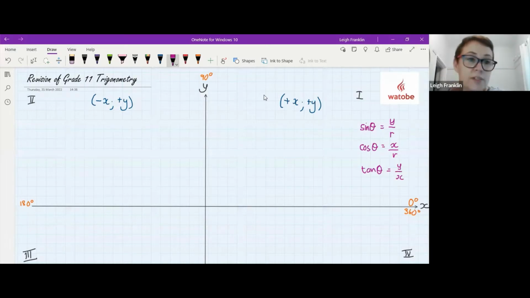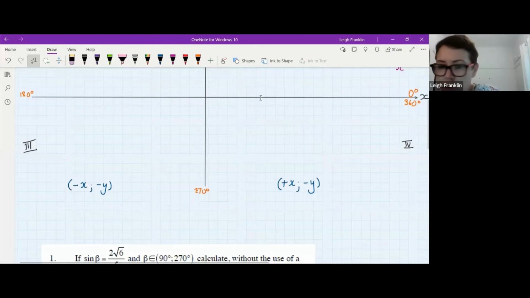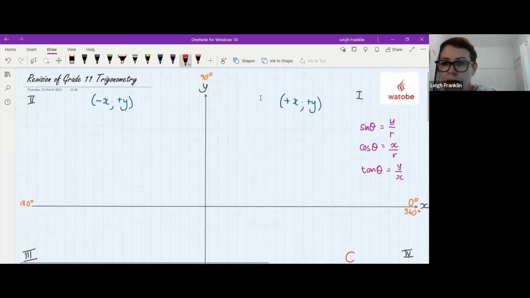That's why we call this diagram that we're actually working on here the CAST diagram. So the letter C goes into this quadrant, quadrant 4. The letter A is actually in this quadrant over here.